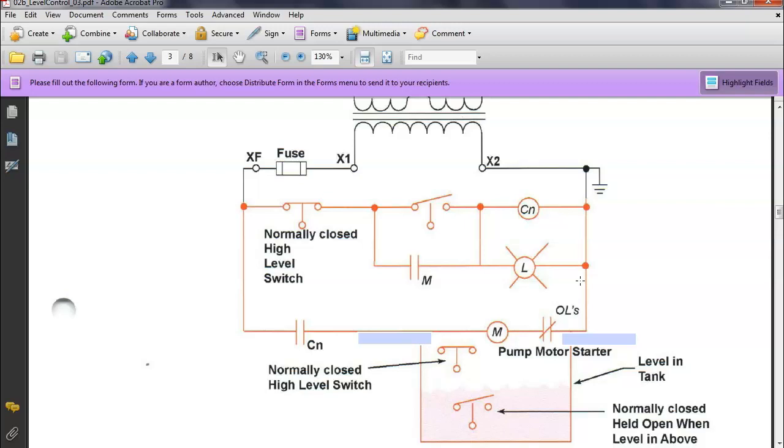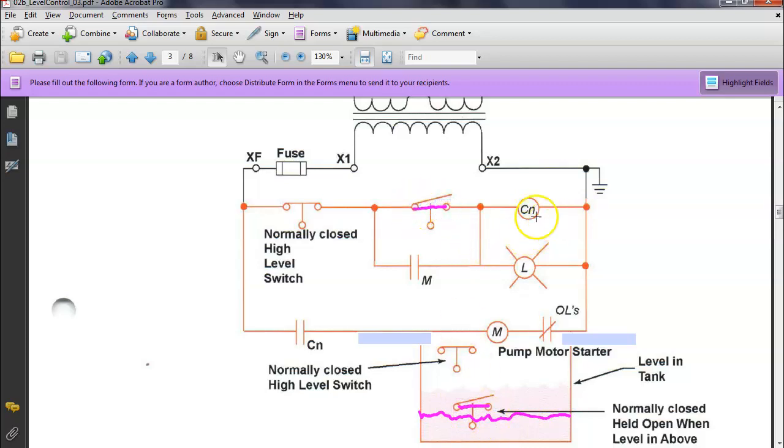Okay. So the way this is drawn, we'll have to look at it this way. If I can figure out how to get my drawing up. There we go. So what we're doing is we'll start off with the liquid down here. This is held open, so that means this switch will close.